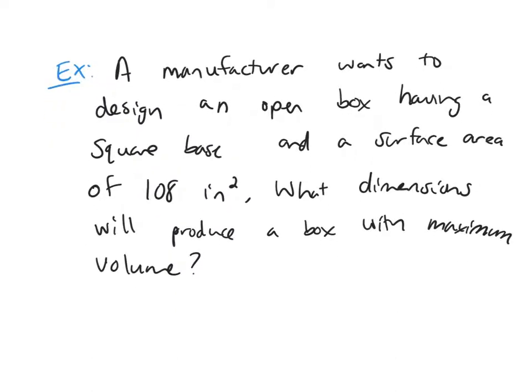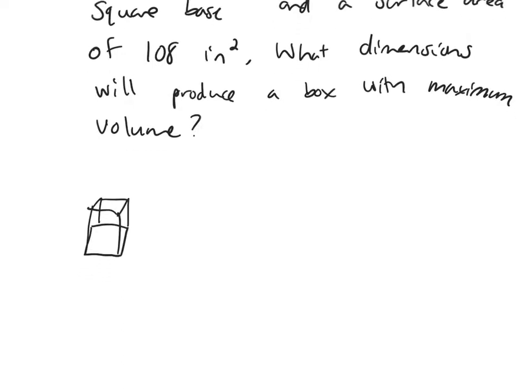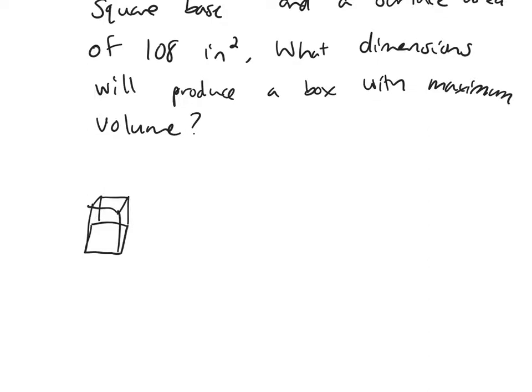Well, let's start by drawing a picture of this box. So we're told that it has a square base. Okay, so here's my box. And then my base is square, so this side is x, this side is x.